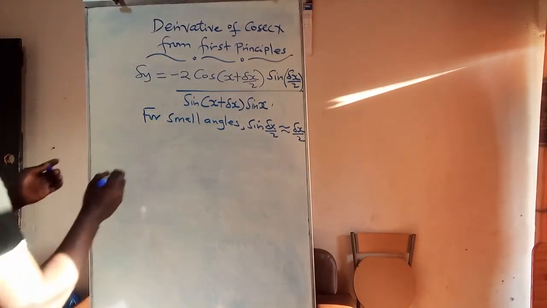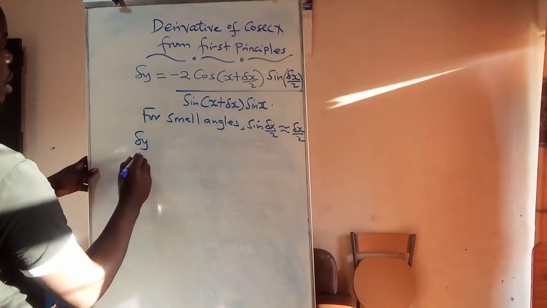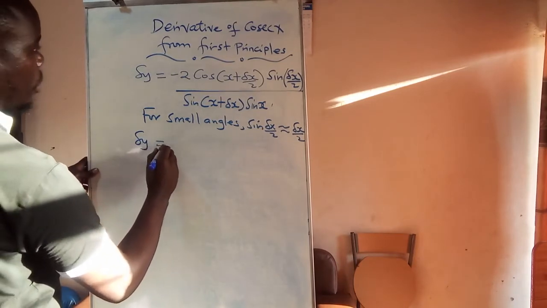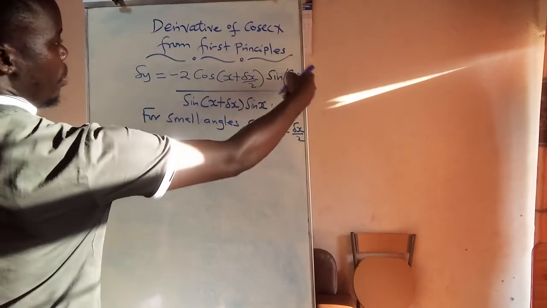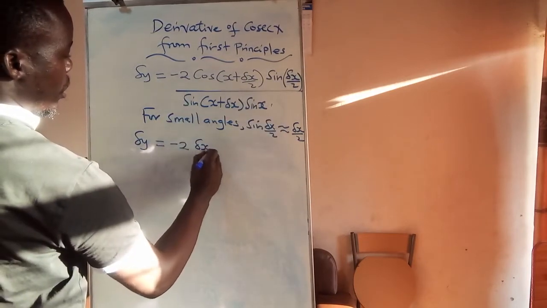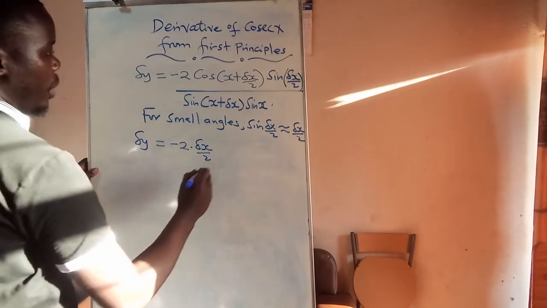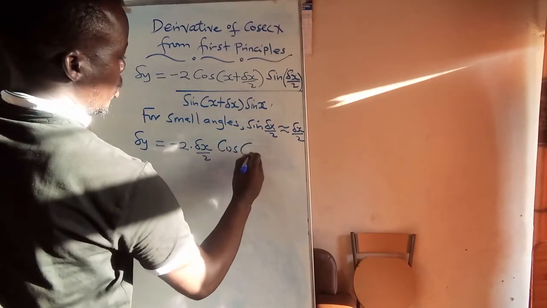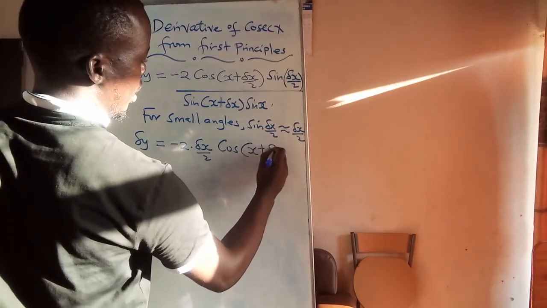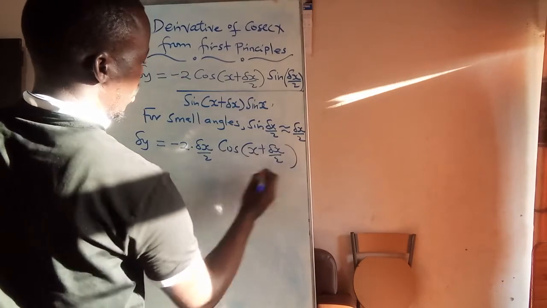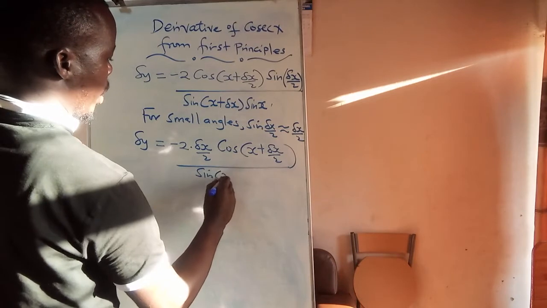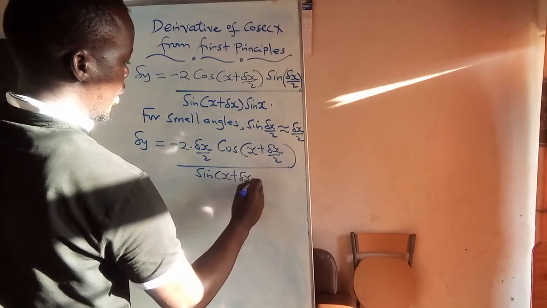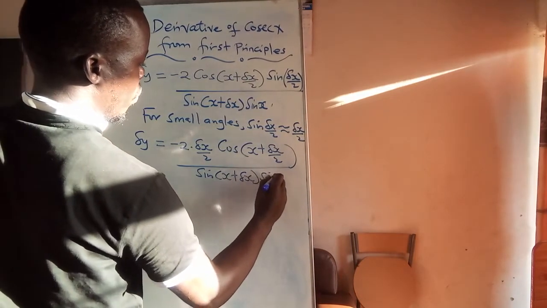So that now we have delta y equals minus 2, the one that we have here. Now the whole of this is approximated to delta x over 2. Then cos of x plus delta x over 2, all this divided by sine of x plus delta x, then sine of x.